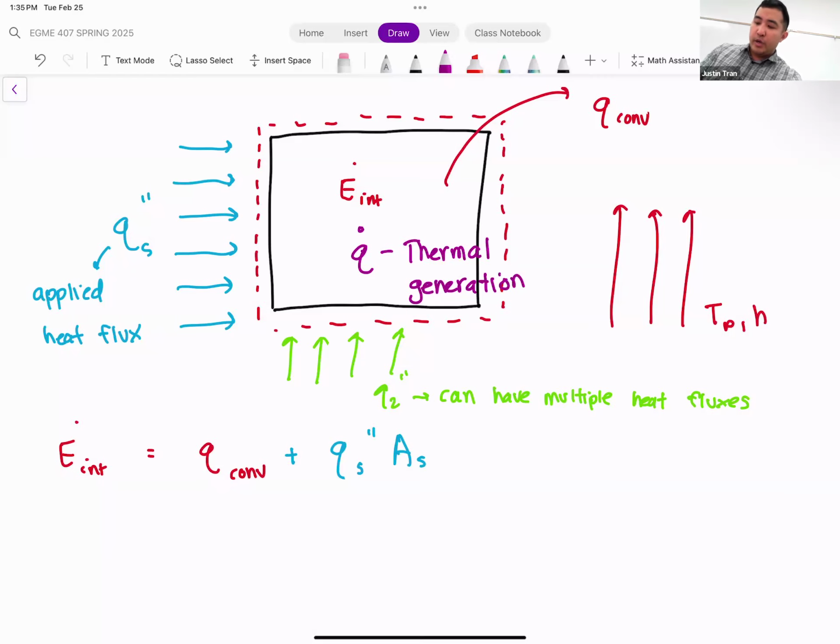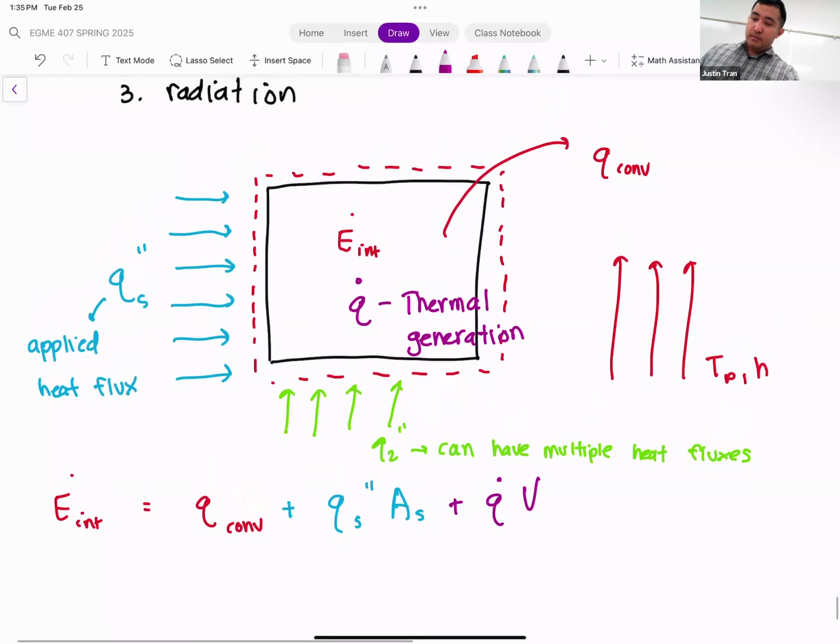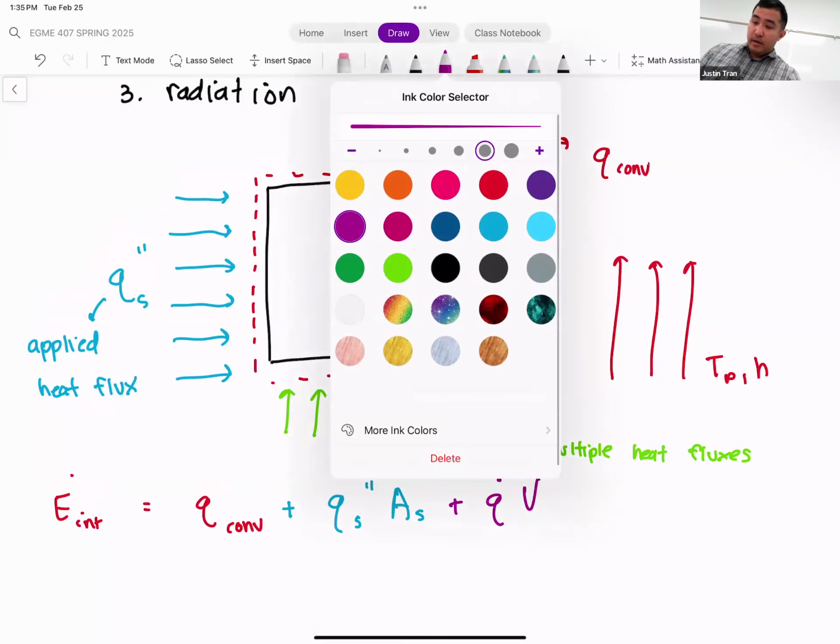And so we can add that term to our energy balance here. It's going to be Q dot, and the units for Q dot are always watts per volume, and so we need to multiply this by the volume of the object.